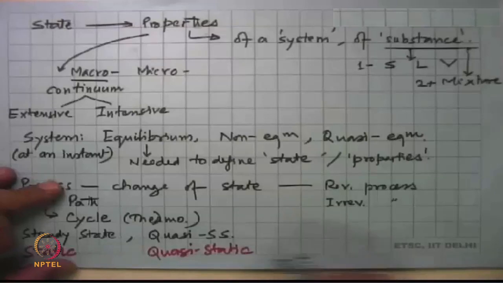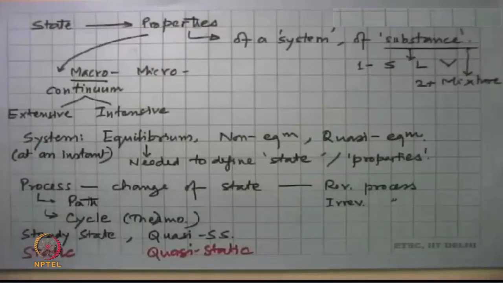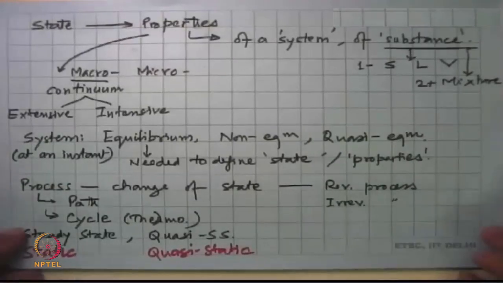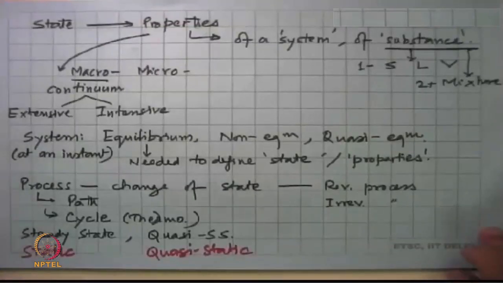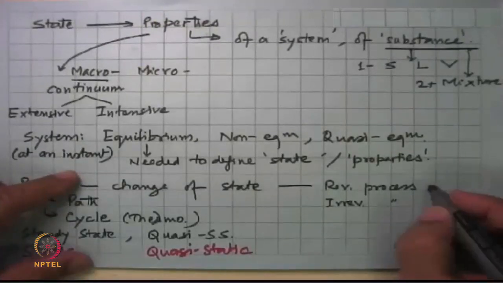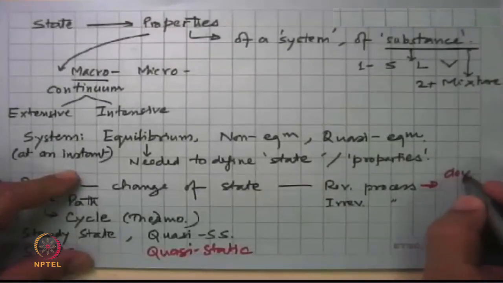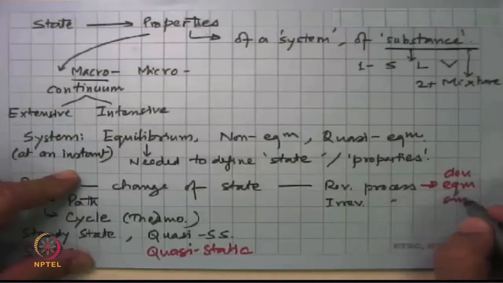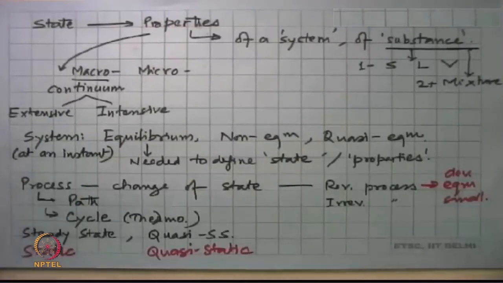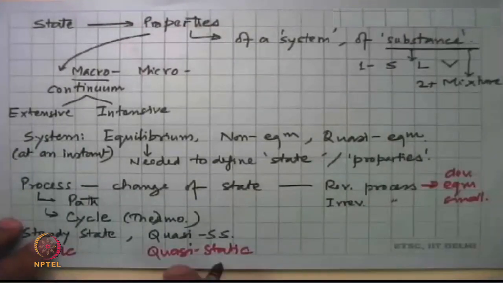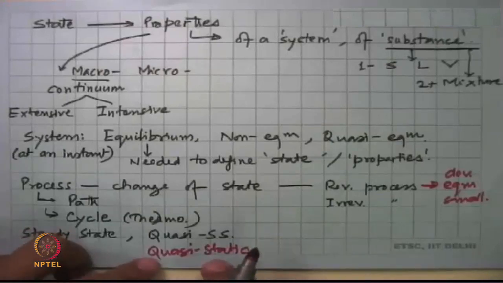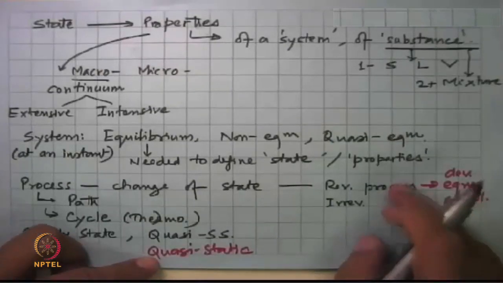That means it went from initial state to final state in a very small step, very small change. Its deviation from equilibrium is very small, so one can even say that a reversible process is one where deviation from equilibrium is very small, infinitesimal. So every reversible process is a quasi-static process, but every quasi-static process is not necessarily a reversible process.